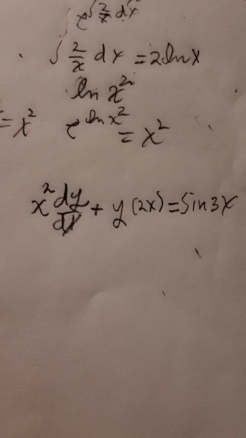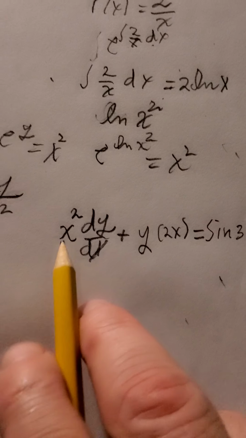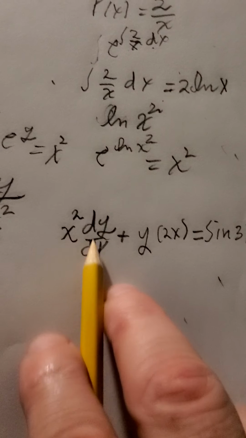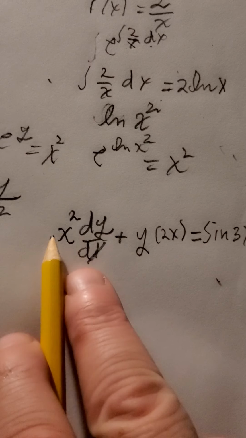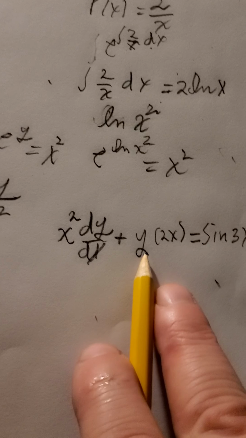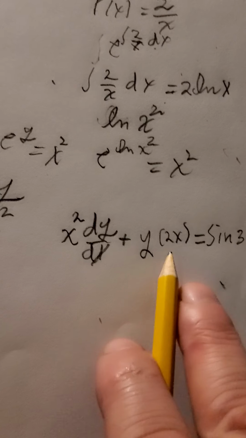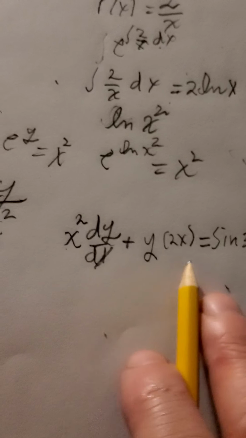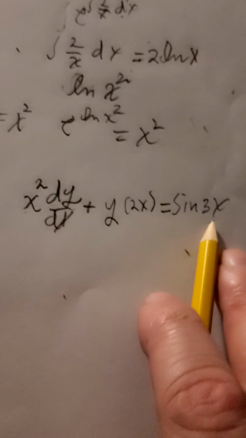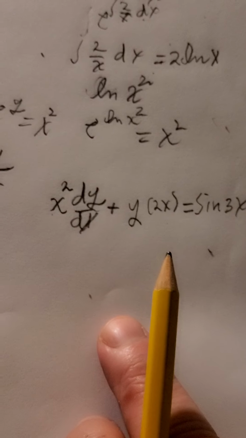Now I can apply the product rule. This is going to be the first times the derivative of the second, which is y, plus the second, y, times the derivative of the first, x squared, the derivative of the first is 2x, right, equals sine 3x. So that's pretty clear.